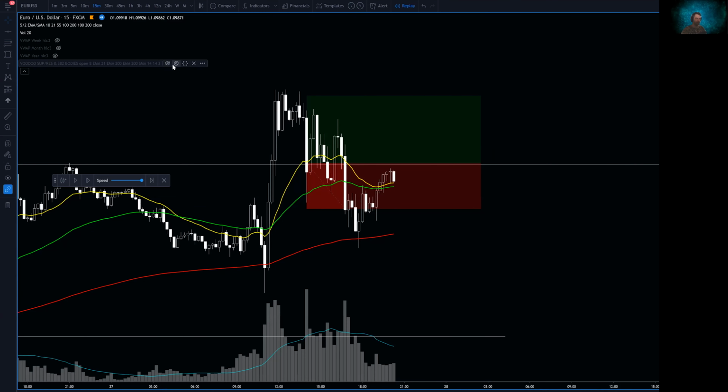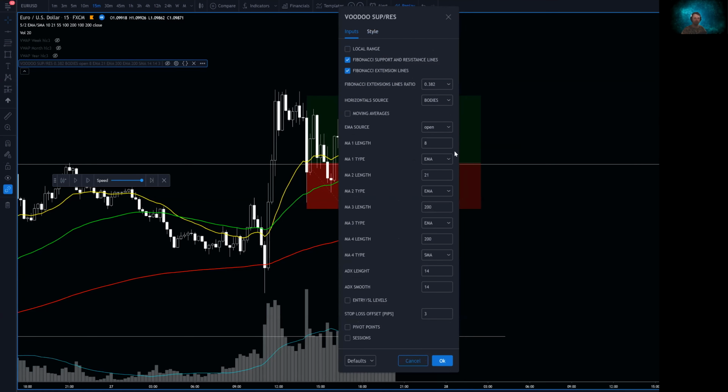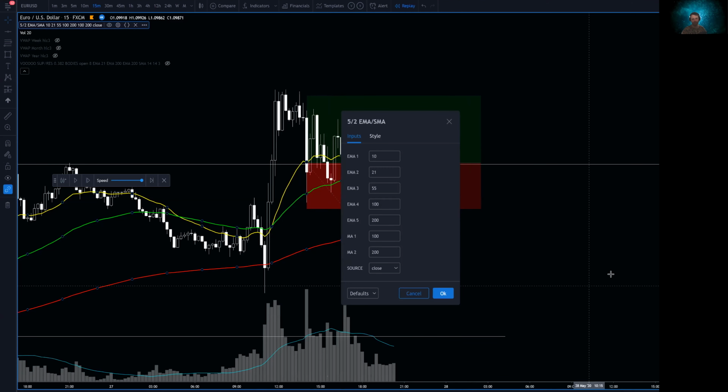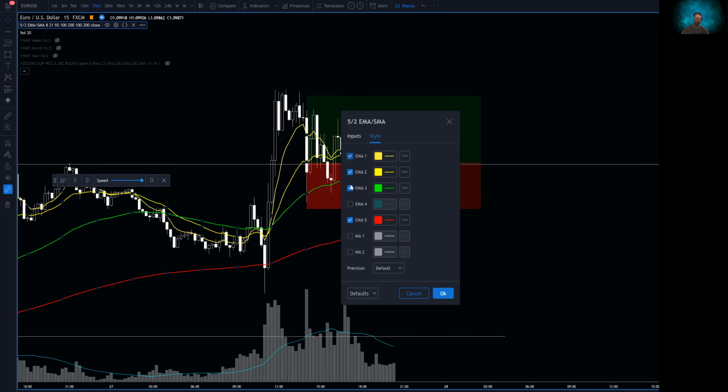The other modification of the strategy, which I really like, represents more scalping. It's more scalping because it's faster. I use the 8 and 21 EMA, and I will be entering on the 8 and managing with 21.